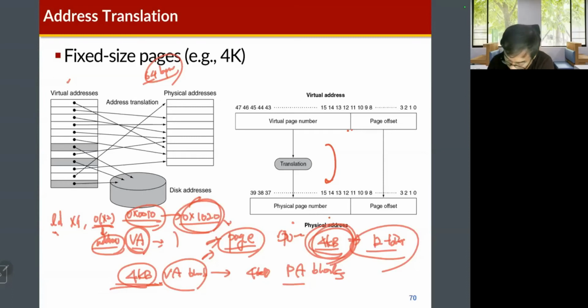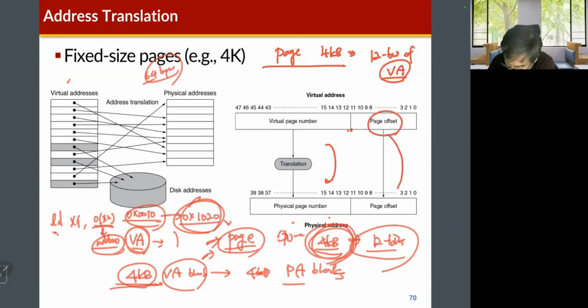So when the page size is 4 kilobytes, this page occupies the lower 12 bits of the virtual address, and these lower 12 bits are directly copied to the lower 12 bits of the physical address.